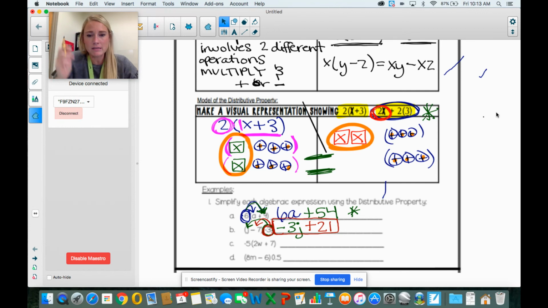All right, letter C. Okay, again, sorry if it's hard to see, but this is a -5, and we're going to distribute it to 2w. Okay, so I don't know what the w is, but I do know what the 2 and the -5 are, so those are what I'm going to multiply. I've got -5 times 2, which gives me -10, and then w has to stay with it because I don't know what it is.